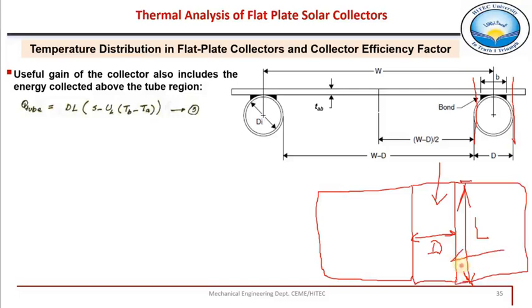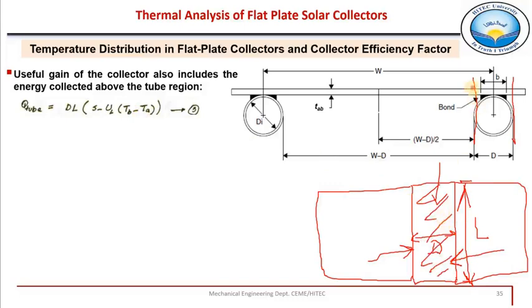So we have already calculated the heat transfer through the fin reaching this area, but this area is also absorbing heat directly. The heat absorbed in this area, D into L, is given by this equation. Here for this area we can write the same energy balance, but the area is D into L, so the energy absorbed is D into L into S, minus UL into TB.